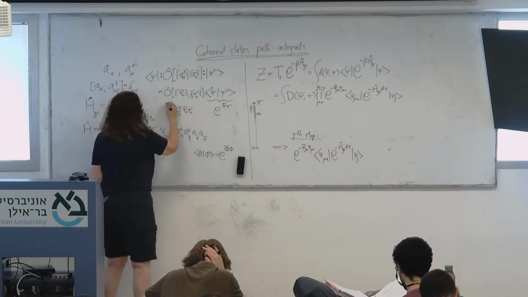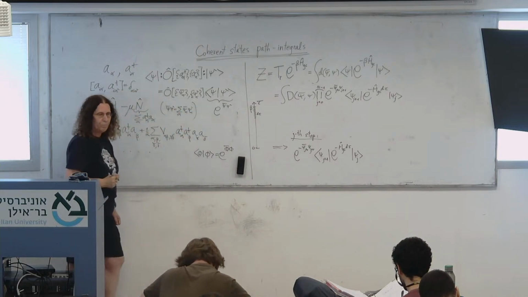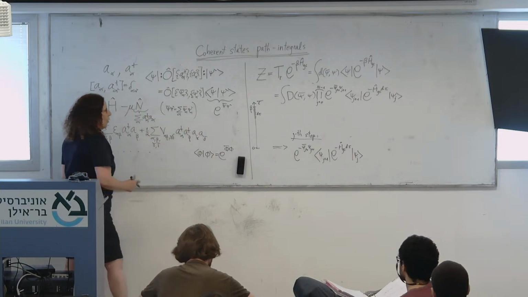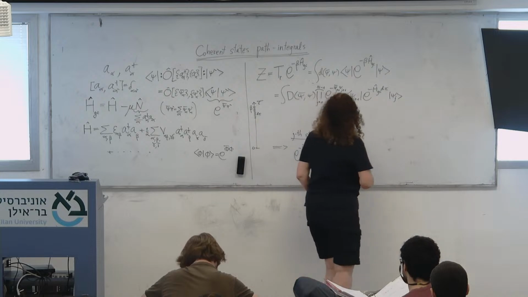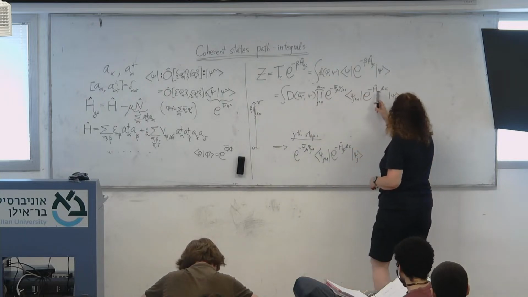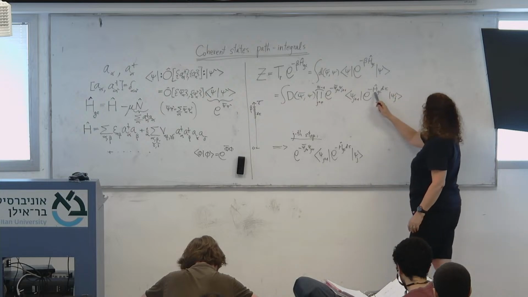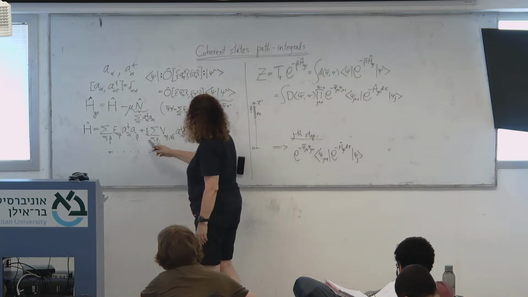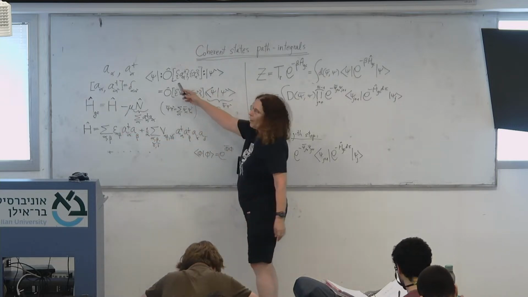This is just a reminder of what I mean by this. So let's apply it here. What is H grand canonical? H grand canonical is nothing but such an operator, right?